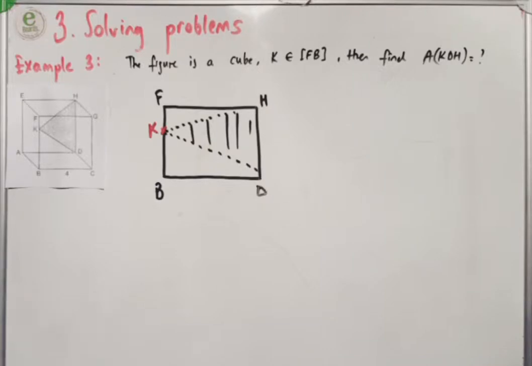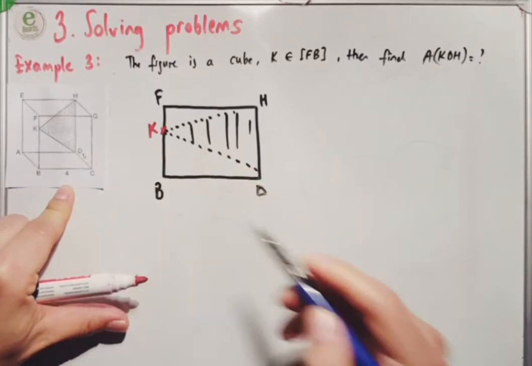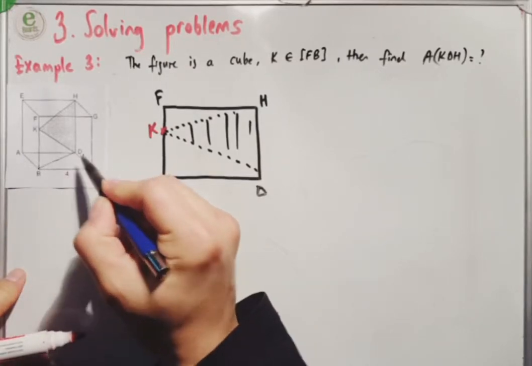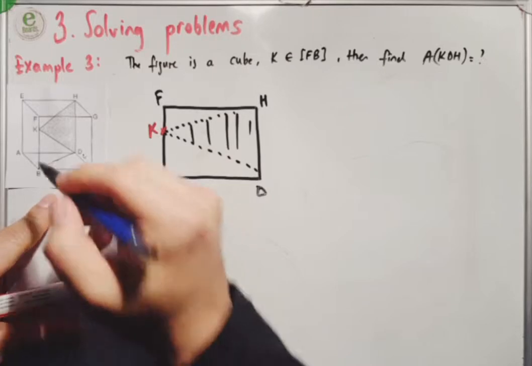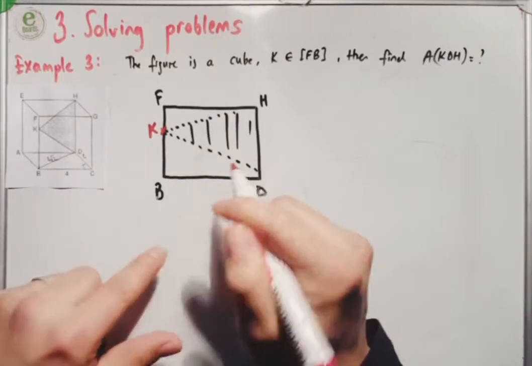To find it, first we will find the length of BD. How can I find the length of BD? It is a cube, so DC is also 4 units. The length of BD, by using the Pythagorean Theorem, is 4 root 2 units.